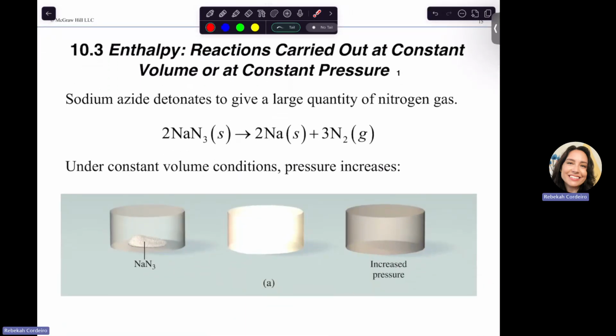So in this example, we have a system where the pressure is changing because we have constant volume conditions. If we have a scenario where the volume cannot change, if we take the solid and we make some gas, the pressure is going to increase.